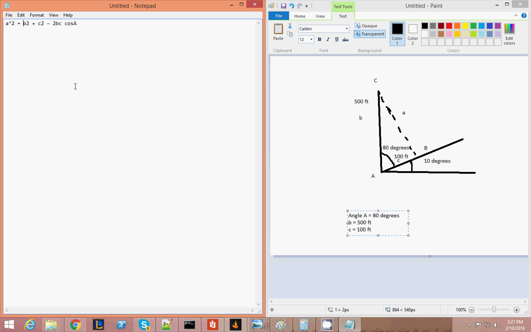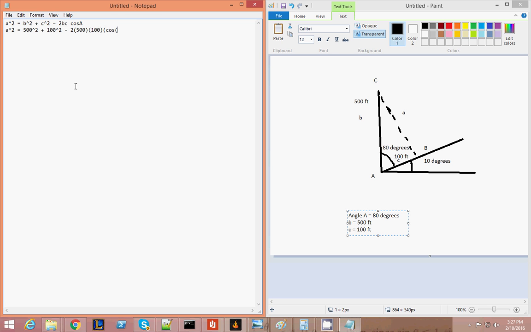let's start plugging in the numbers. 500 squared plus 100 squared minus 2 times 500 times 100 times the cosine of A, which is 80 degrees. Now we're just going to use algebra.